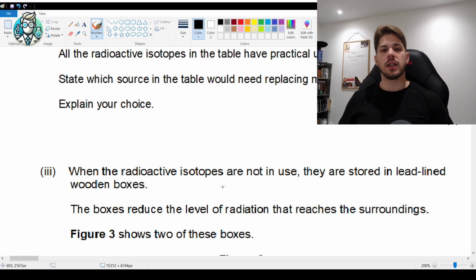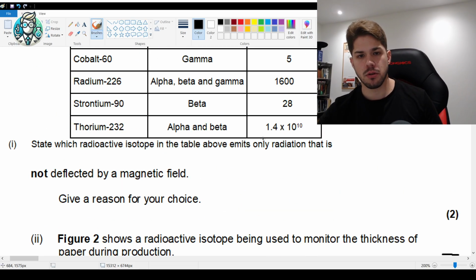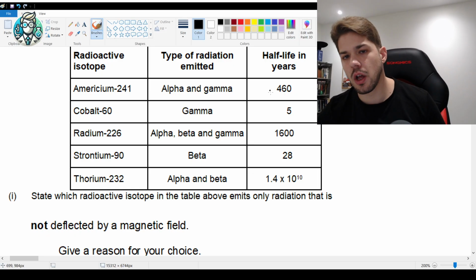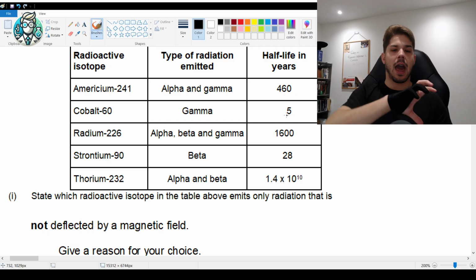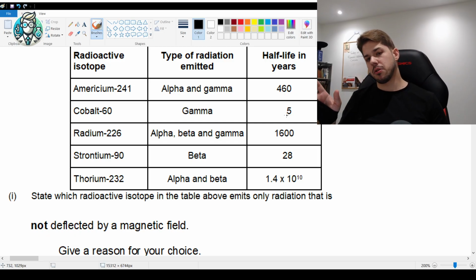State which source in the table will need to be replaced most often. So again, back to the table. Which one we will need to replace more often? Obviously, cobalt-60. Why? Because it has lower half-life. After 5 years, half of the cobalt-60 is not radioactive anymore.